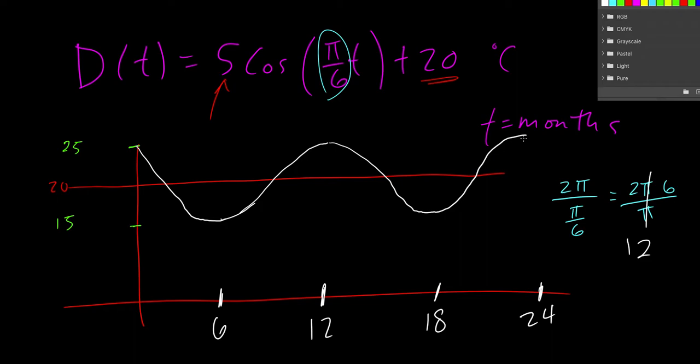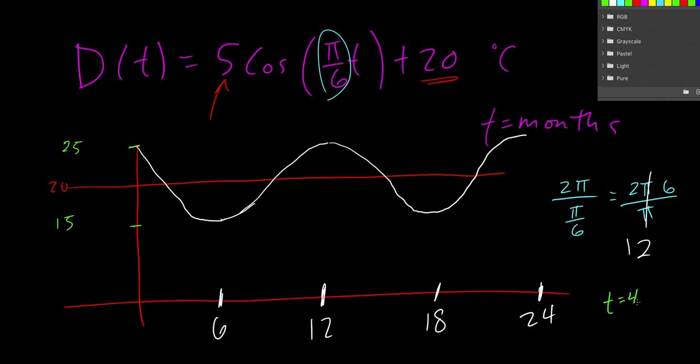That's part A. Now part B asks us, find the average daytime temperature during May.